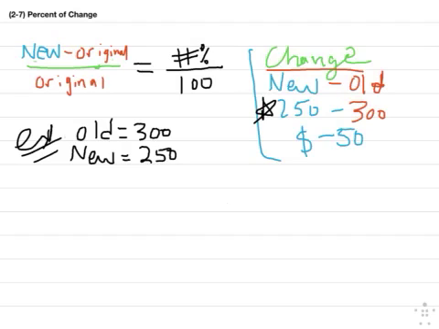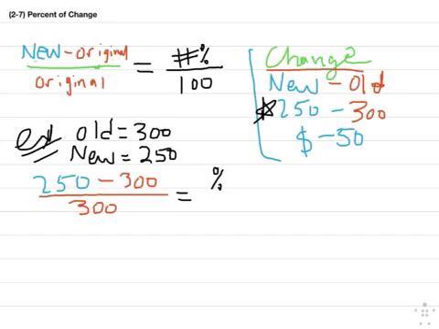Our question to ourselves is, what percent did this change? All right, let's try it. Our new, 250, minus our old, or original, 300. And we want to see how this change relates to our original price, which was 300. And that's going to equal some percentage out of 100.